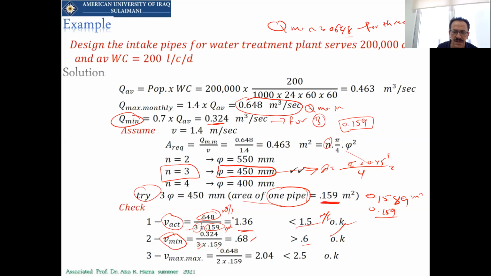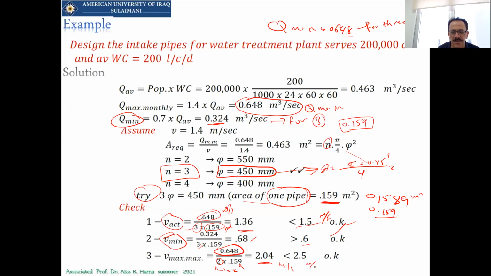Now, the last thing: if one of the pipes is damaged, I should use one less than the available ones. We have 3 pipes, 1 broken, so n minus 1, which means 2. So I will use the maximum monthly Q divided by 2, divided by the area of each pipe, and I get the velocity in meter per second.